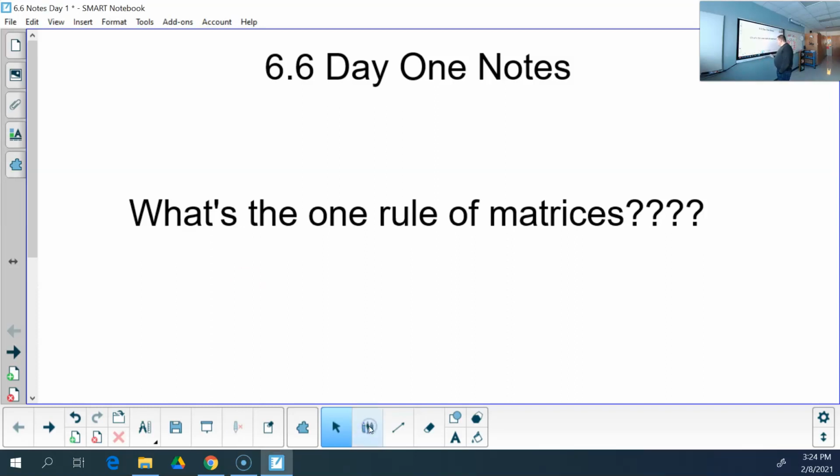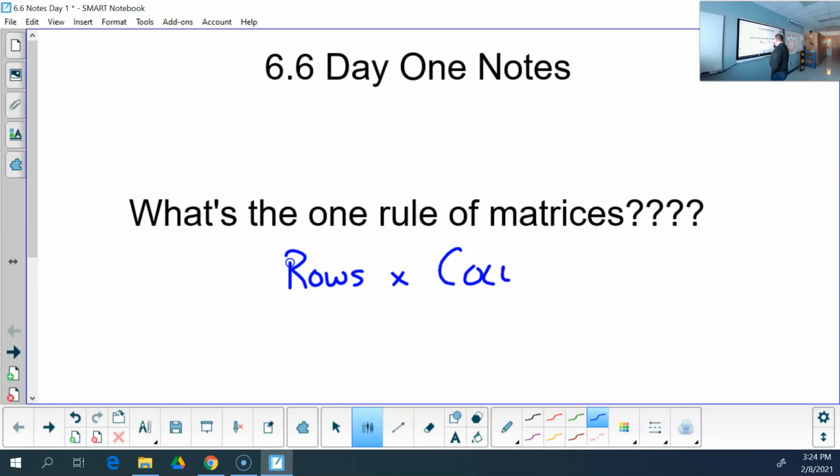The number one rule of matrices is that everything is rows by columns. Everything in matrices is rows by columns, and multiplication of two matrices is going to be the same, rows by columns. So, with that being said, let's do this.